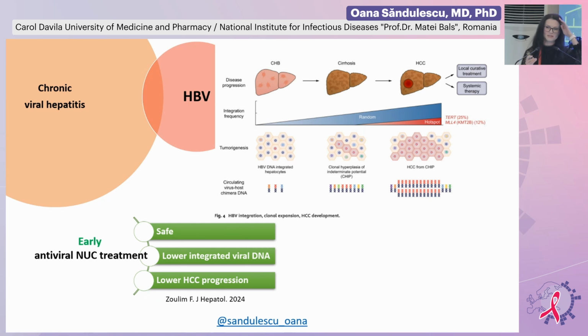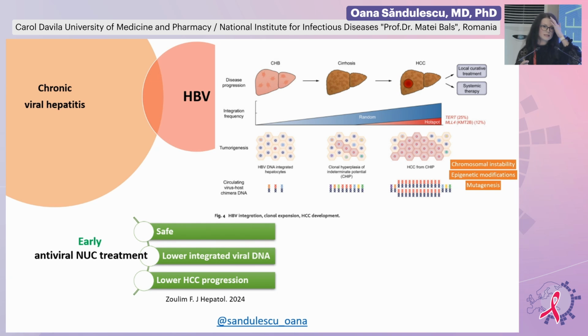And at some point, there is the risk that this will lead to CHIP, so another kind of CHIP than the one that you heard in the session this morning, clonal hyperplasia of indeterminate potential. And these are the cells that can then lead to hepatocellular carcinoma. And the mechanisms have been widely studied. So these viral integrations lead to chromosomal instability, epigenetic modifications, and mutagenesis.